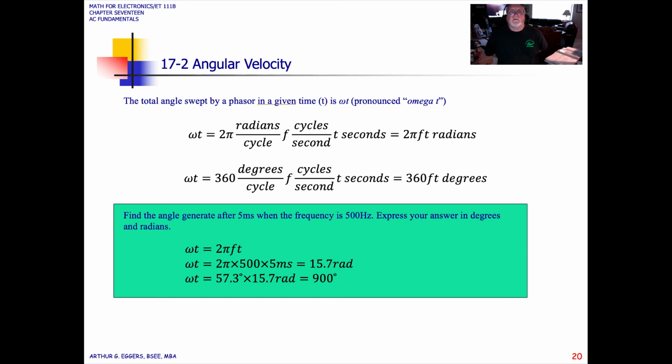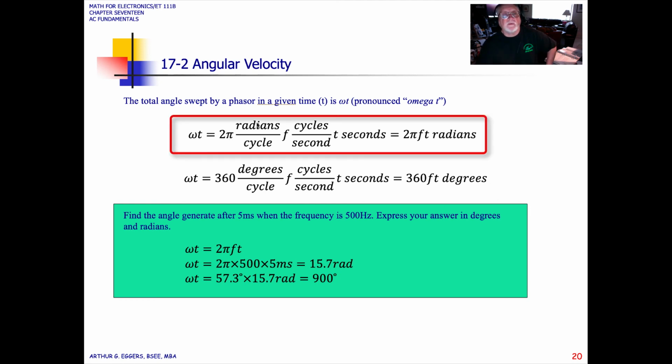So that little funny looking w, the lowercase Greek letter omega, times t. The mathematical relationship says that omega t is 2 pi in radians per cycle times the frequency in cycles per second. So the cycles disappear. And we multiply that times a unit of time in seconds. Our seconds disappear, and we end up with 2 pi f t radians.